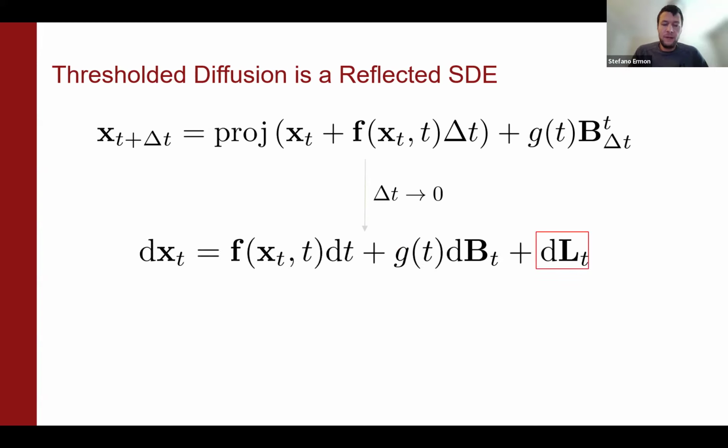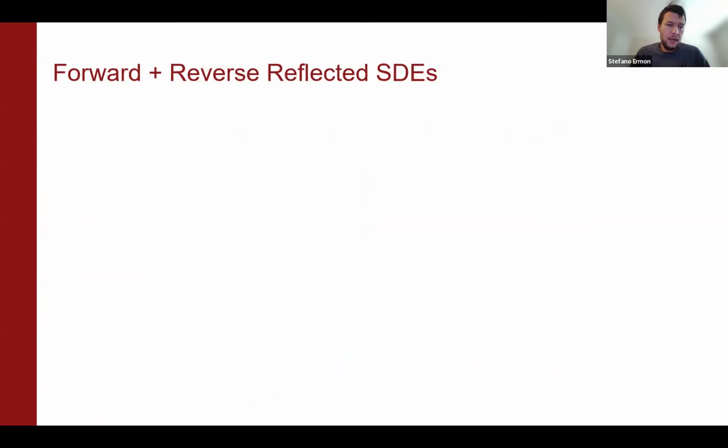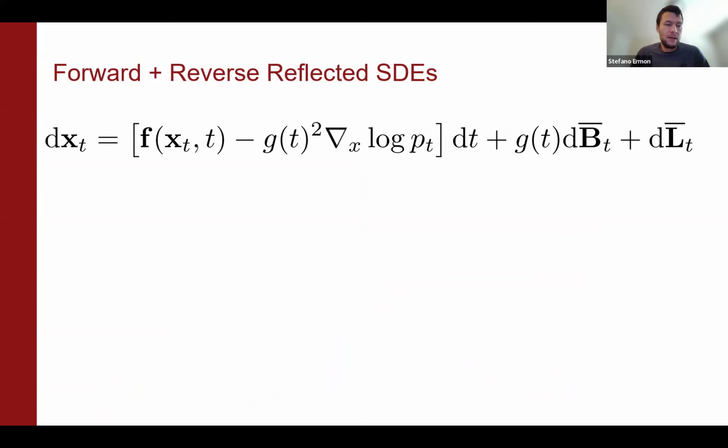It's a reflected diffusion where there is a boundary, and whenever you hit the boundary, you're being reflected back. And what we've shown is that it's possible to use the same forward and reverse diffusion idea. But if we're using a reflected diffusion when going from noise to data, we should use a reflected diffusion also in the forward process when we go from data to noise.